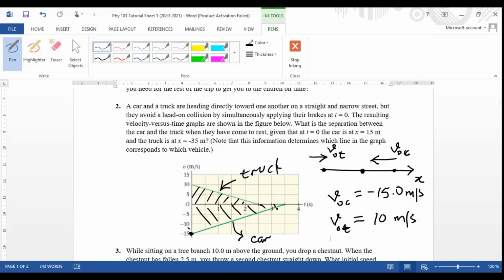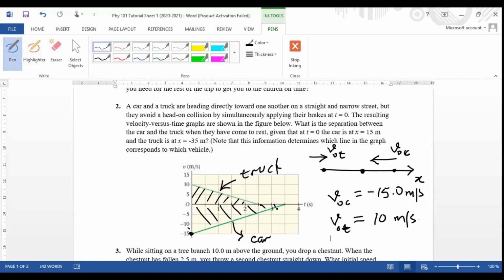Okay, so let us now try to compute. Let us just have these values in mind of what we have gotten, the initial velocity.